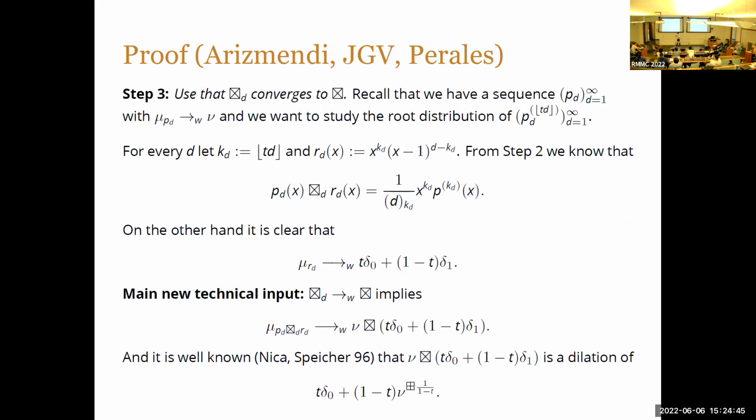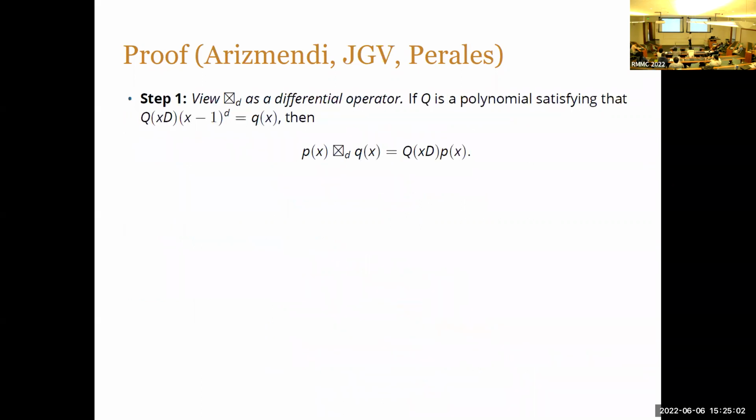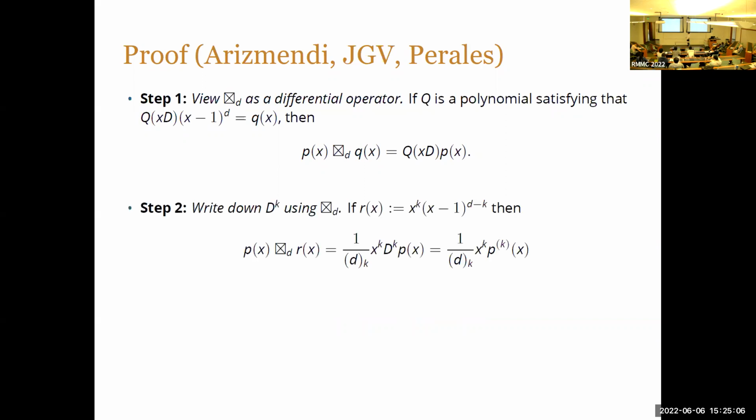So there's this extra atom at 0, but that's coming from the extra x to the k over there. And once we remove it, we remove the atom at 0 and we recover the, well, the solution to Steinerberger's problem.